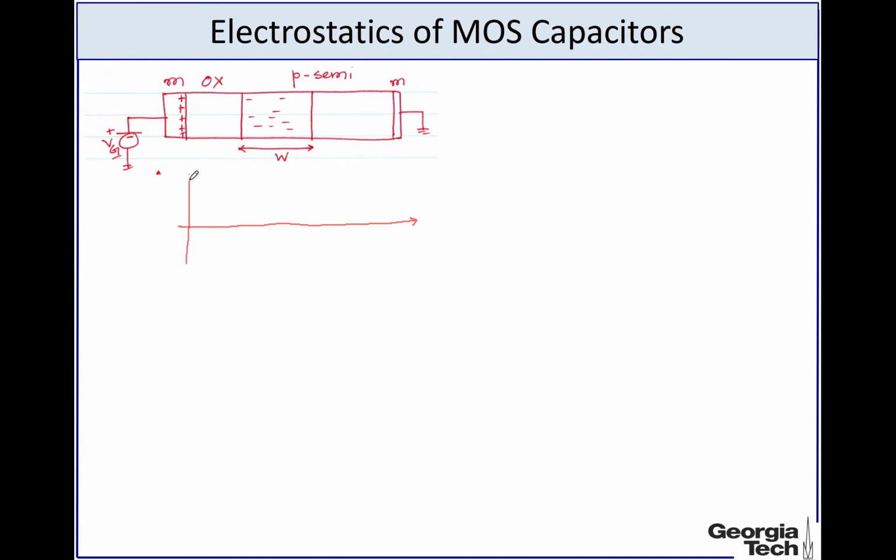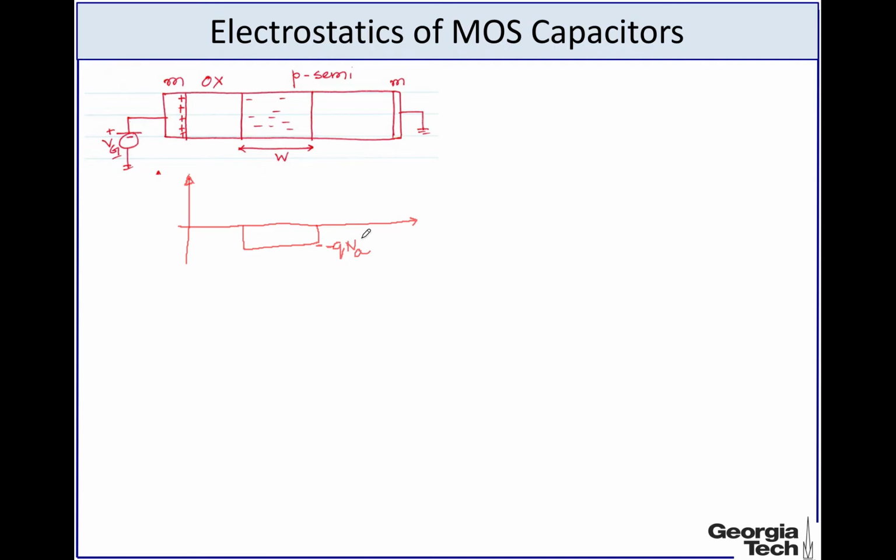At the metal oxide interface, the charge density will be a delta function because all the charge is piling up at the metal oxide interface in the metal. And then in the semiconductor, the charge density will extend only in the region of the depletion width, and it will be a constant with a value of negative qNa.